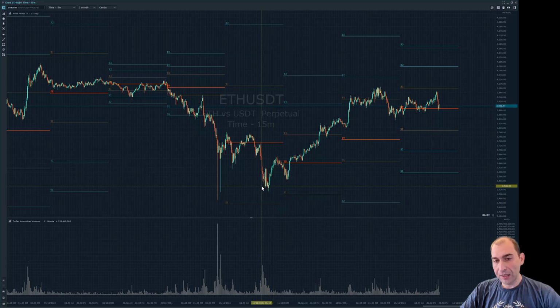It didn't get that far, but that's why this indicator is not 100% proof, and it shouldn't be used by itself. It just helps you to visualize where the expected levels will be.